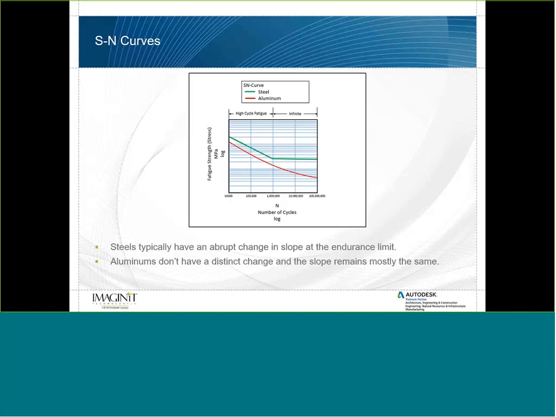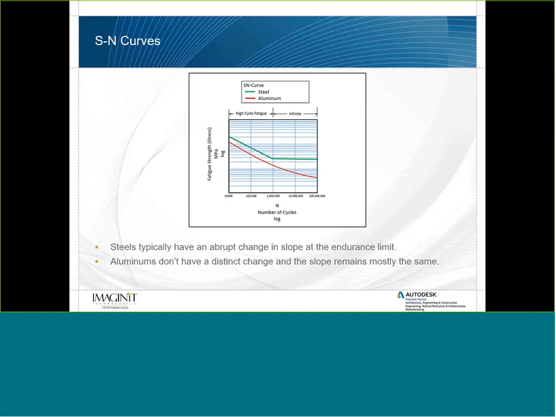So your part will live on forever. It can be used for as many cycles as you want, because the overall loading condition is so low. But if you're seeing a higher stress being applied constantly over and over again during these cycles, and you're above that line, that's where you start to see damage as a result of fatigue.